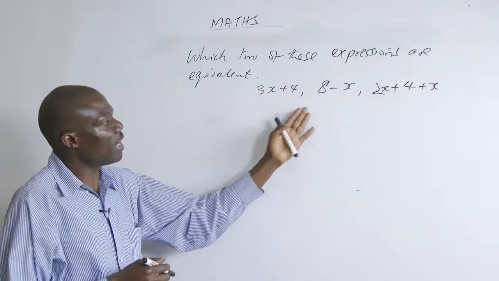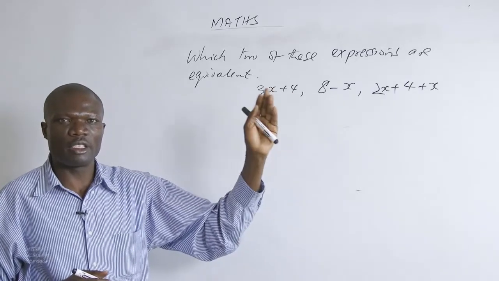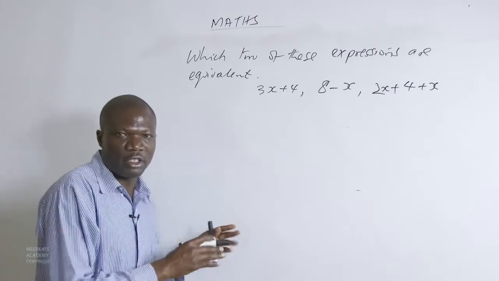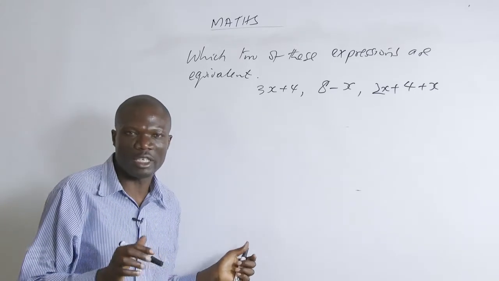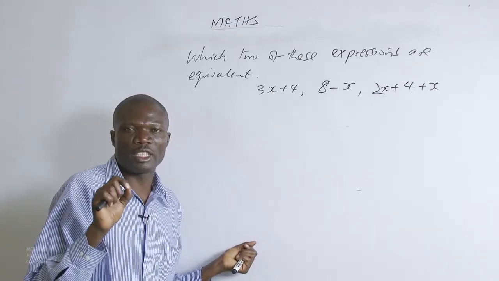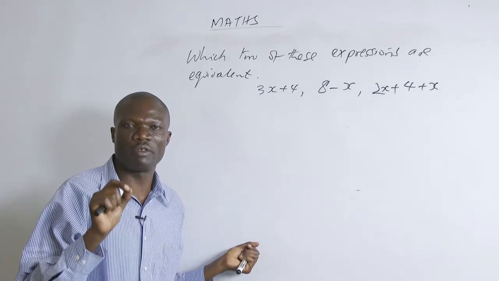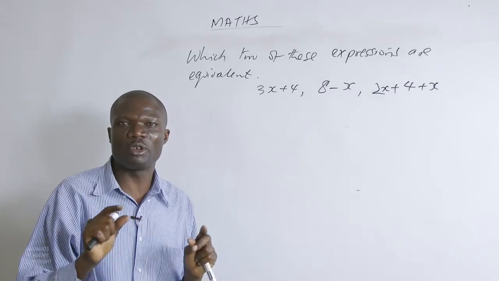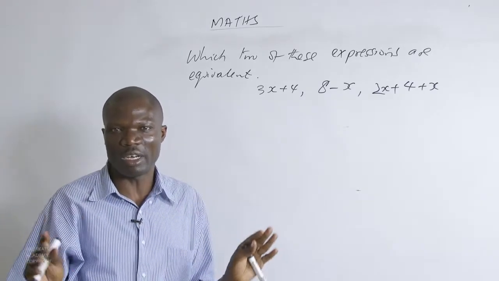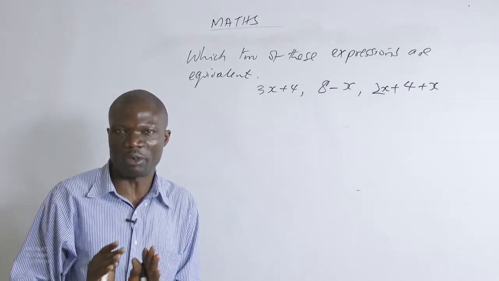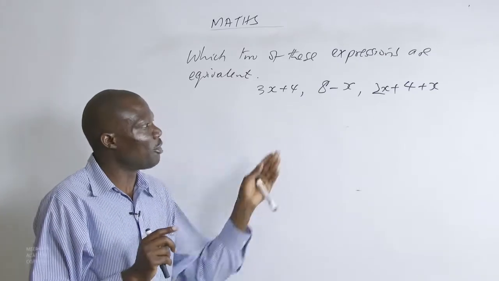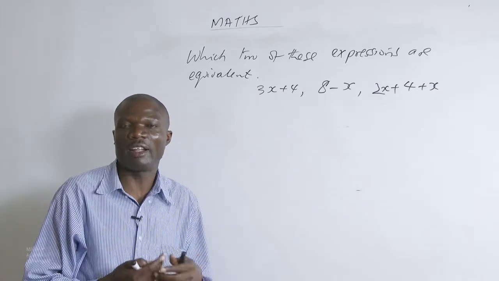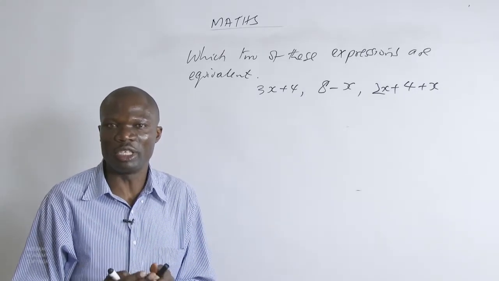Now, these are simply expressions independent. We said earlier on in the last statement that two expressions are said to be equivalent if, when you substitute the pronumerals with whichever number, the answer must be equal, which implies that we are going to pick a few and substitute them here, and then we see what we get.